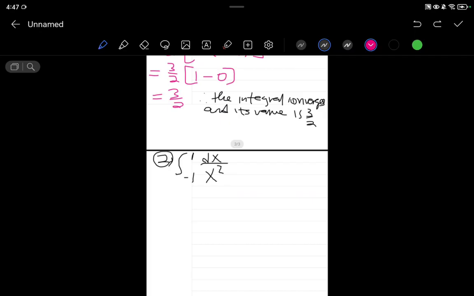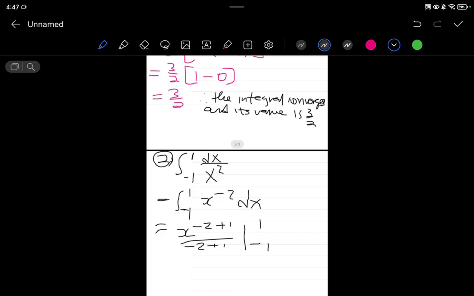If we integrate straight, we're going to get the integral from -1 to 1 of x to the -2 dx. And then we would have x to the -2 plus 1 over -2 plus 1, from -1 to 1. And this would be x to the -1 over -1, from -1 to 1.